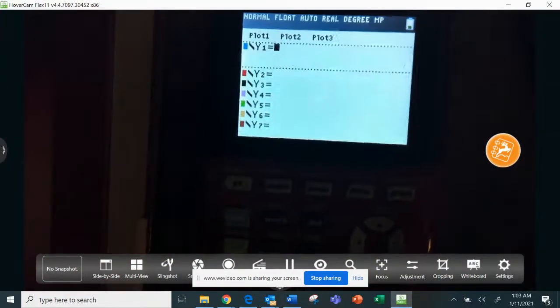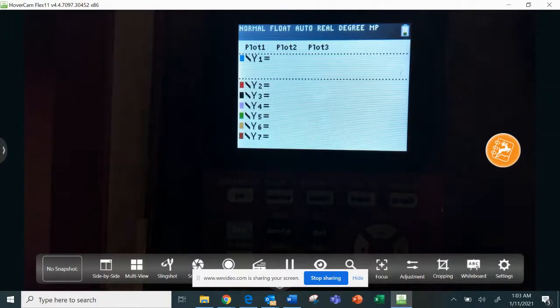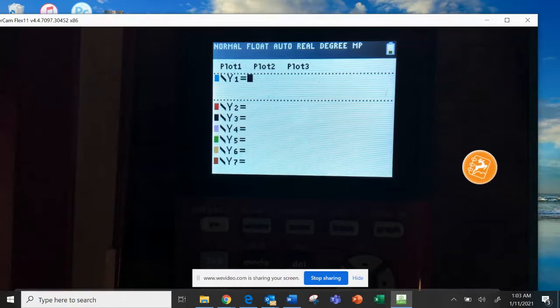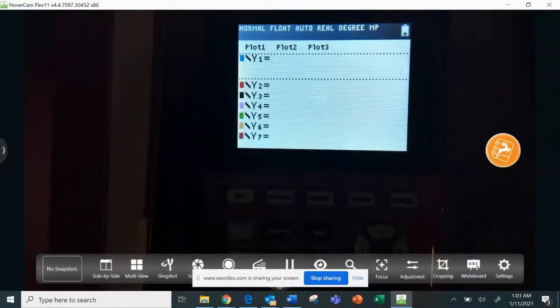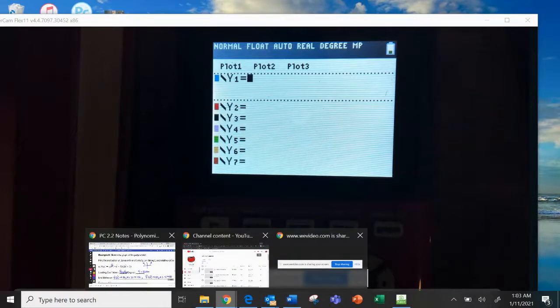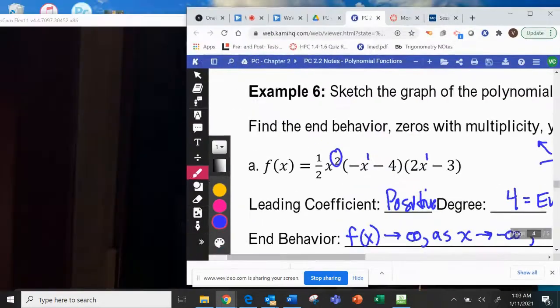Okay, so I guess you're going to see my screen really well, but not so much my buttons. All right, I need the equation, which of course is on the other page. I definitely should have set this up ahead of time. I apologize, guys.